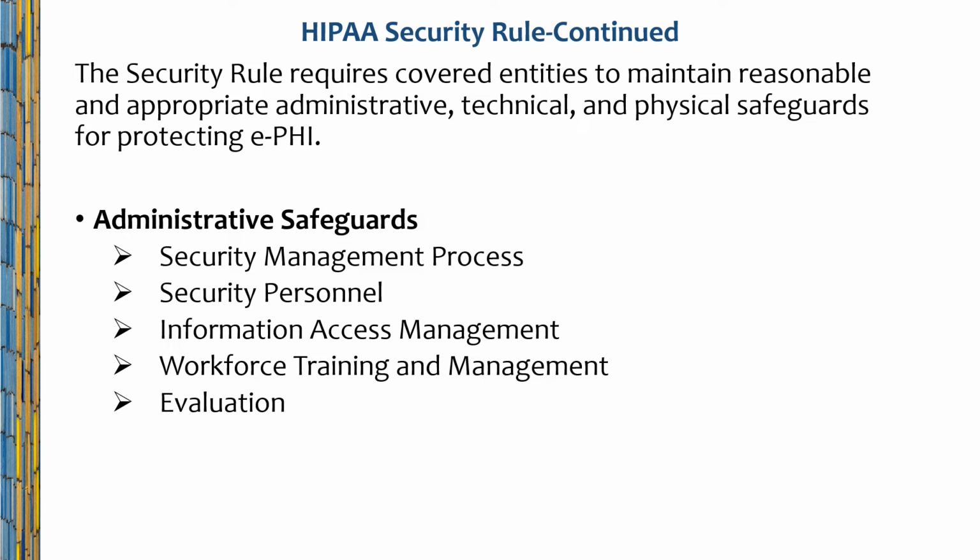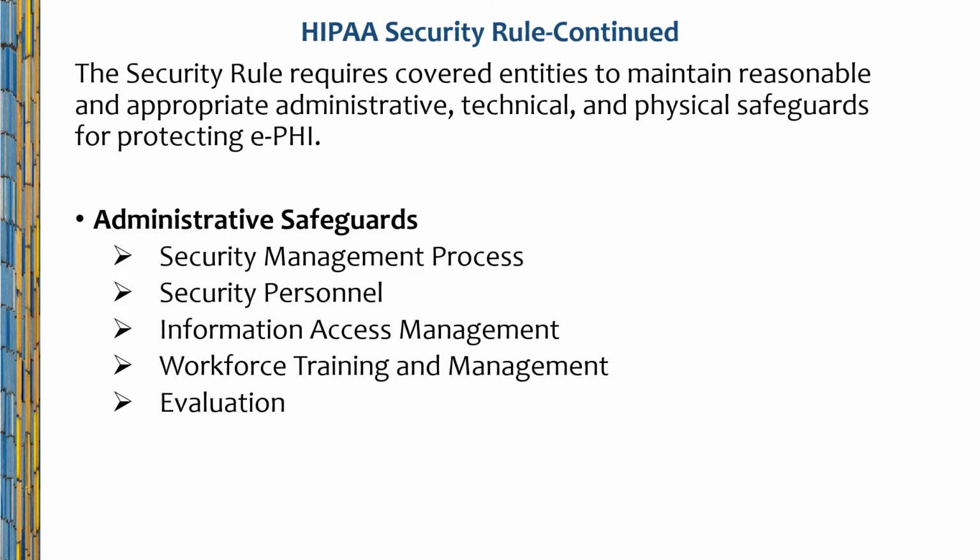The Security Rule requires covered entities to maintain reasonable and appropriate administrative, technical, and physical safeguards for protecting electronic PHI. What are administrative safeguards? First on the list is security management process.